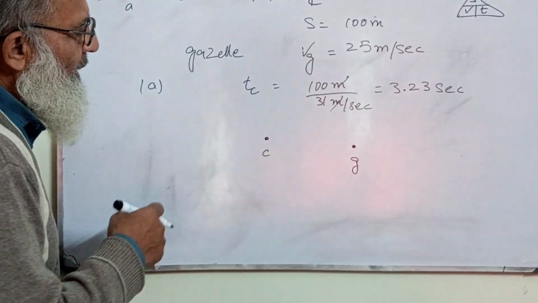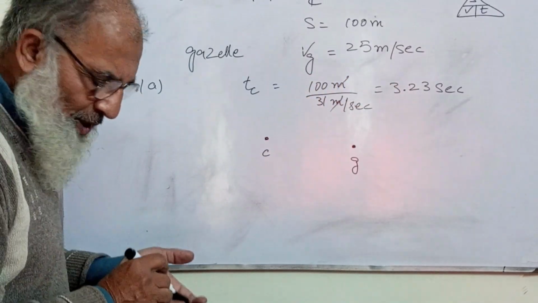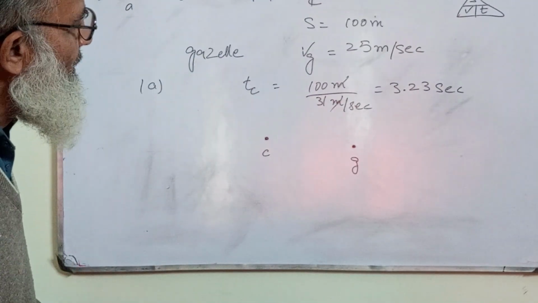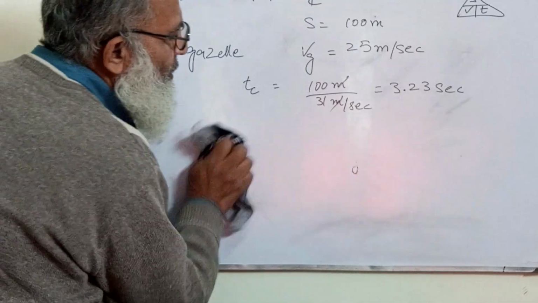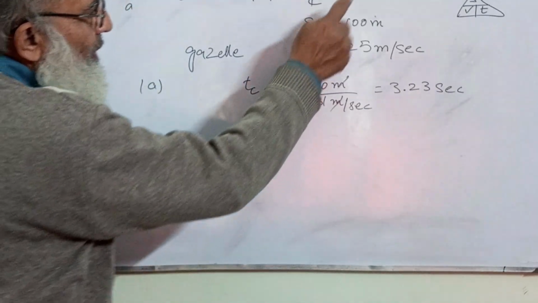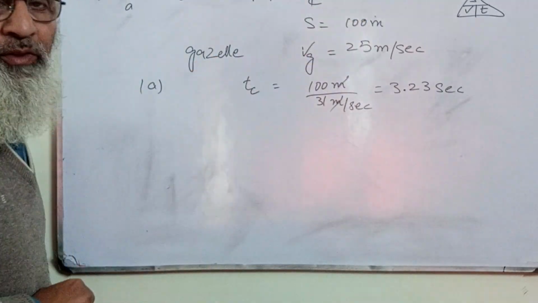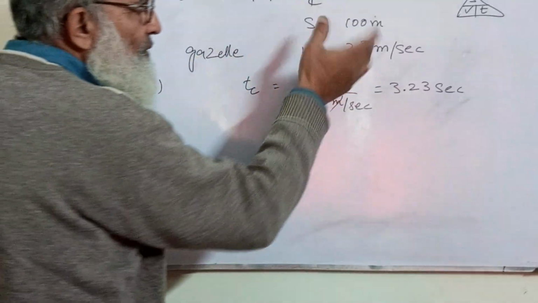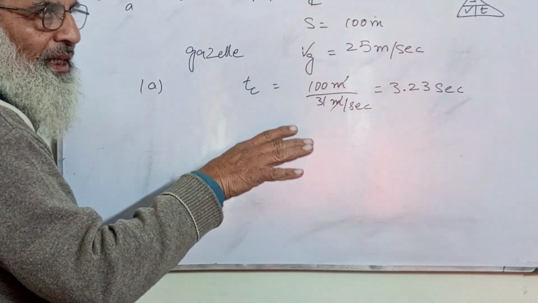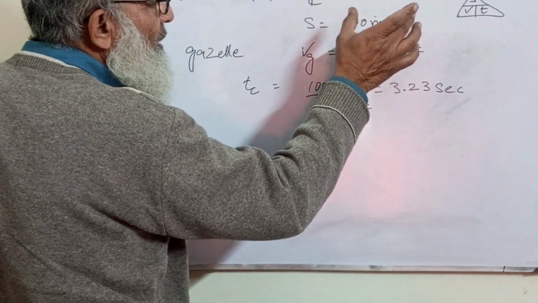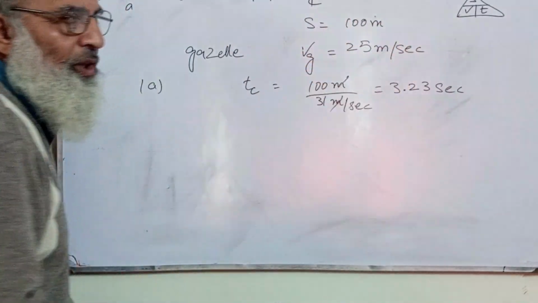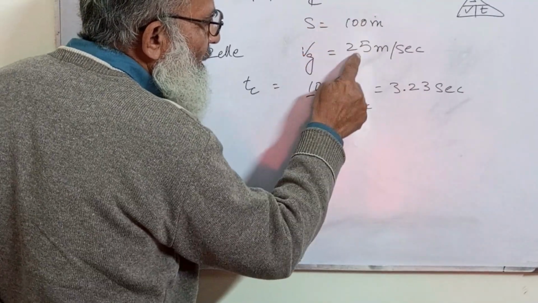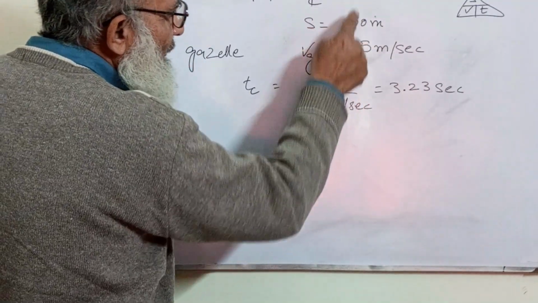So, when he comes across this gazelle, the speed should have been reduced to this much. This is the initial speed of the cheetah, the speed he can maintain for 100 meters, and this is the initial speed of the gazelle. So he will brake his speed to this.